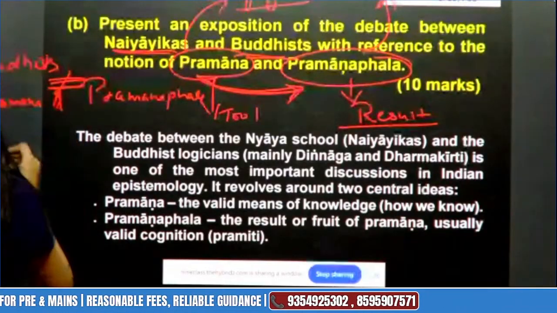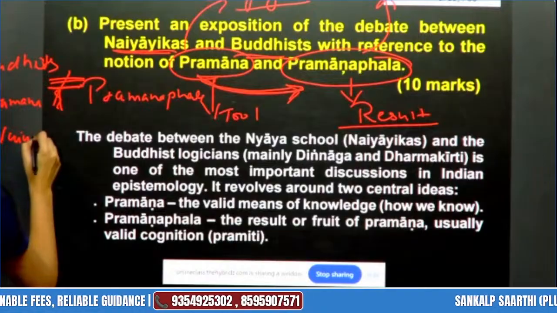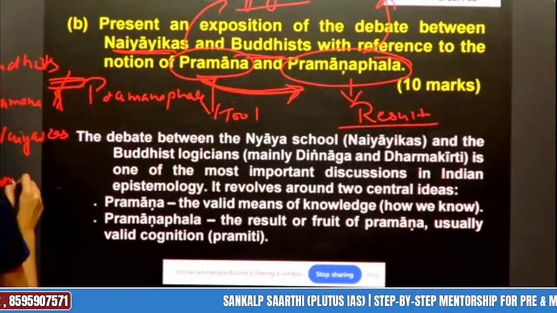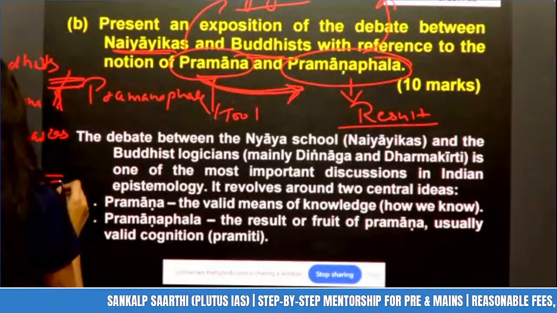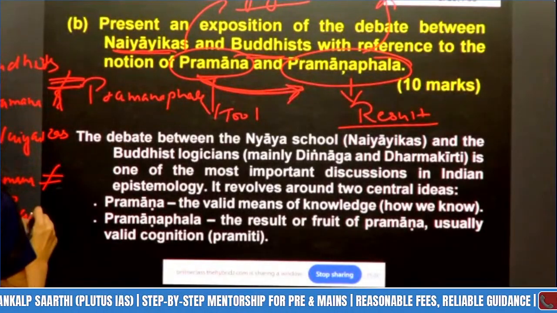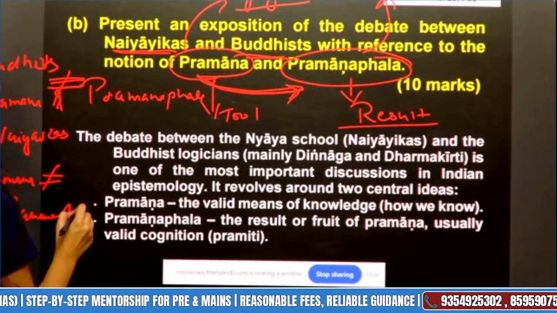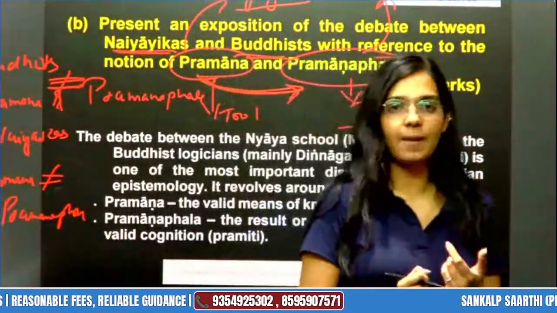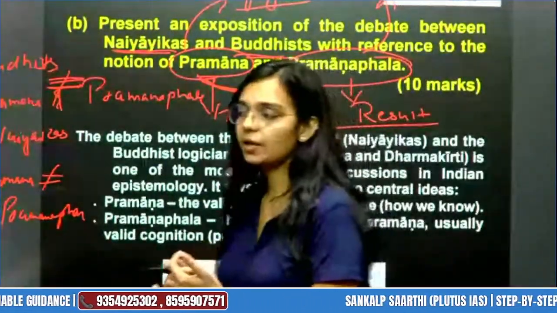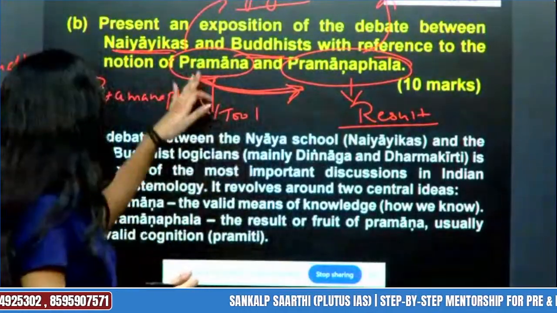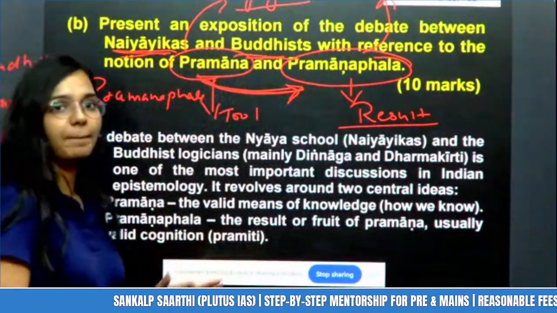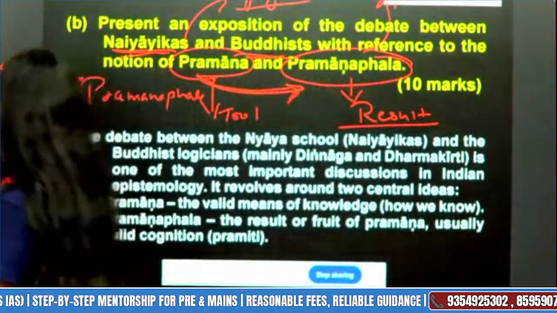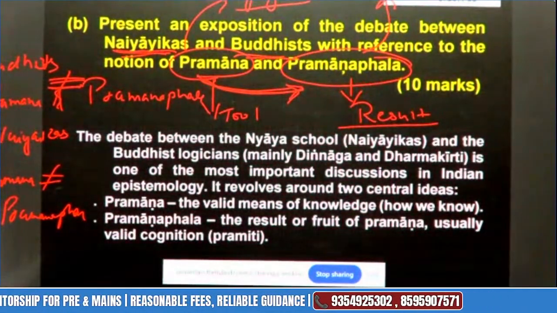But when it comes to Nyayikas, Pramana and Pramanphala are not same. And this is what you have to explain. Simple. First explain what Pramana are with examples and what Pramanphala are, their correlation. Then explain what these two things are individually and then compare them. With examples you have to do. So simple. I hope that you have understood what is Pramana and Pramanphala.